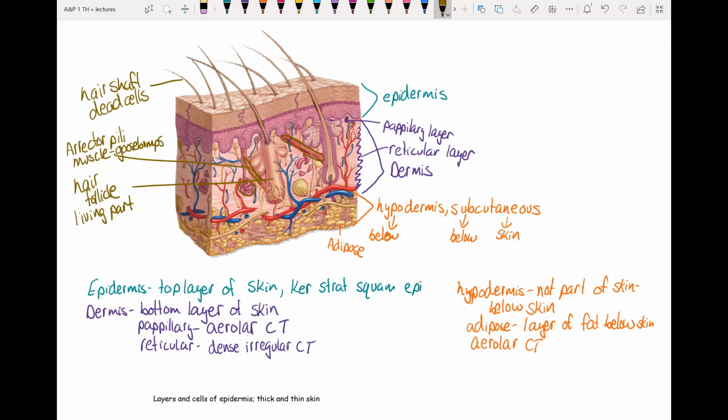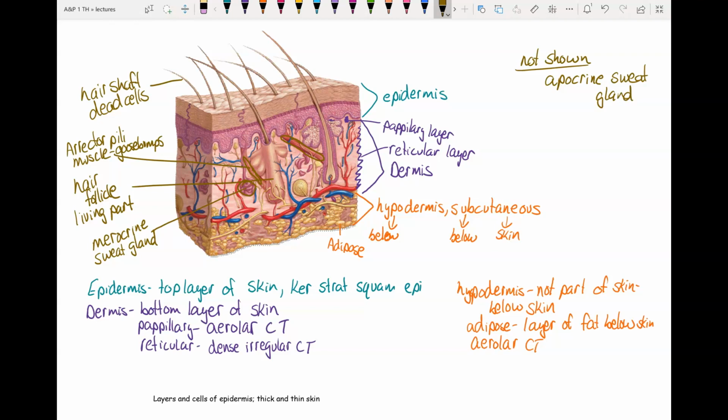You have sweat glands. This right here is a merocrine sweat gland. Now you have another type of sweat gland that's not shown in this picture, and that is the apocrine sweat gland. The merocrine sweat gland is shown here because it occurs all over your body.